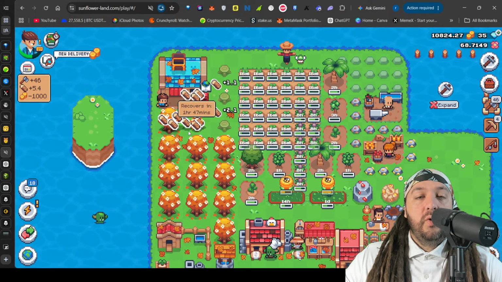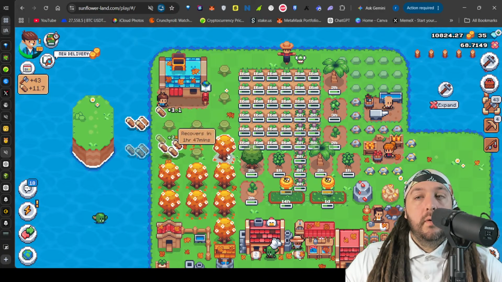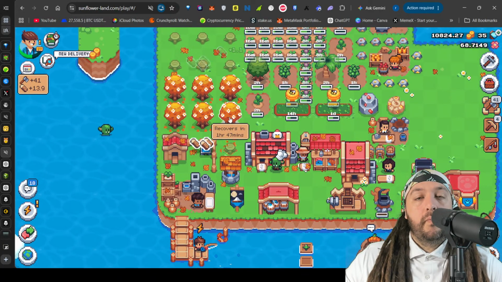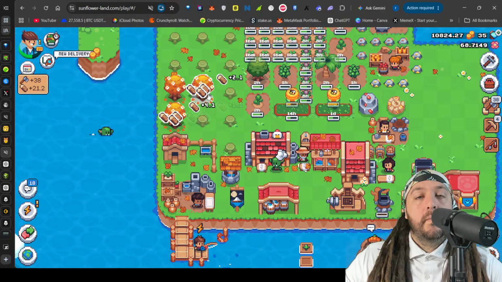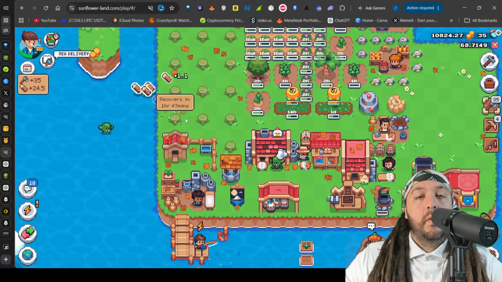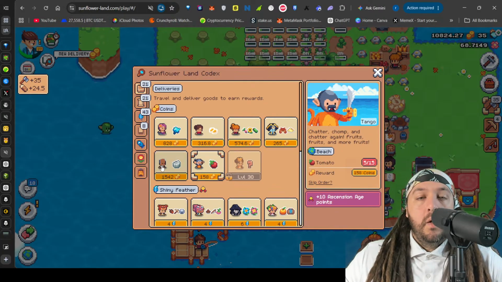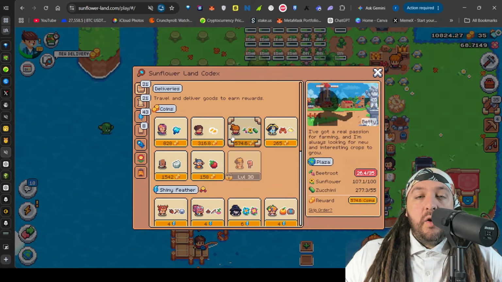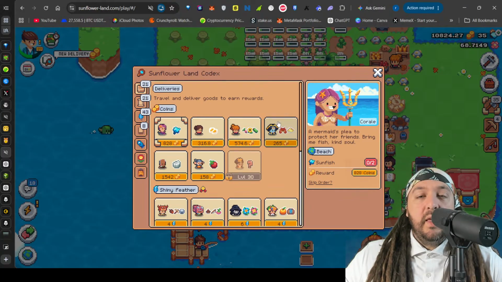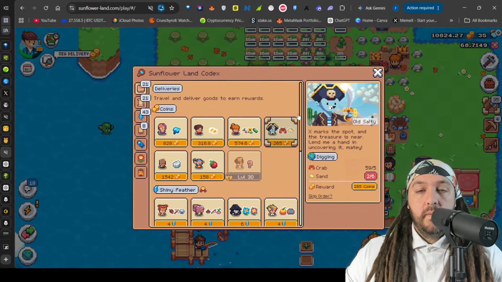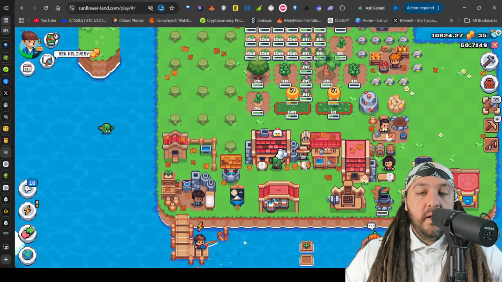Chop down some trees. See what kind of quests we got. I don't think I have any of these. Can we go digging though?